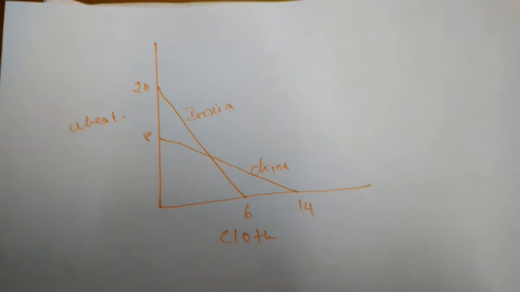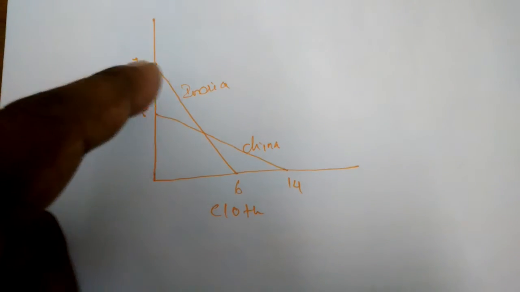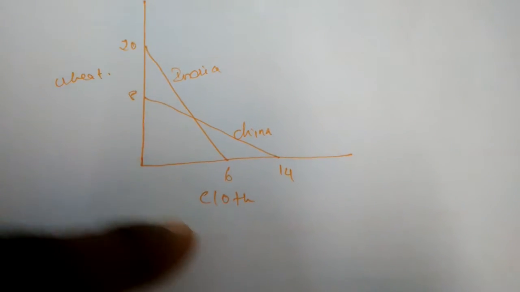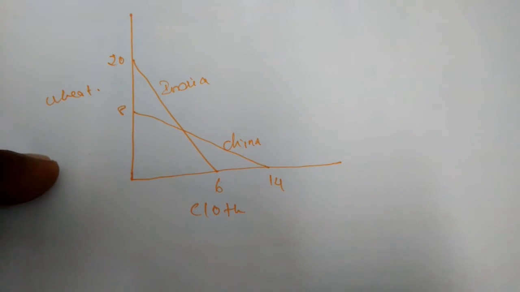Now when we look at the diagram, you can easily understand. India can produce 20 units of wheat and 6 units of cloth using 1 unit of labor. China can produce 14 units of cloth and 8 units of wheat using 1 unit of labor.